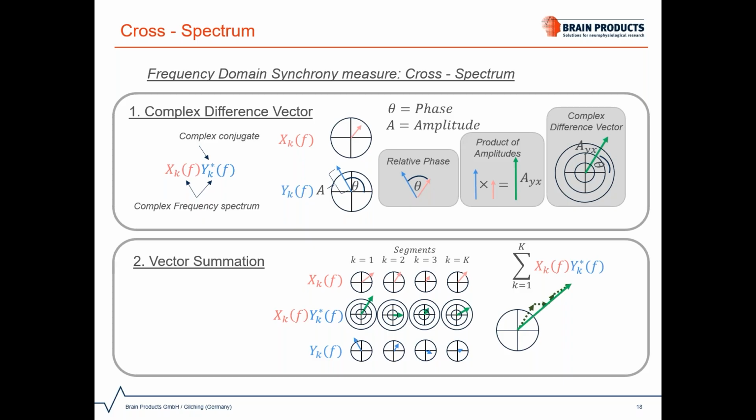In this case, the magnitude or the length of the concatenated vector will be large, indicating high synchrony. If the oscillations are not synchronized, so phase differences are random, the individual difference vectors will point into random directions. And the magnitude of the summed vector will be small and eventually approach zero, indicating a low degree of synchrony.